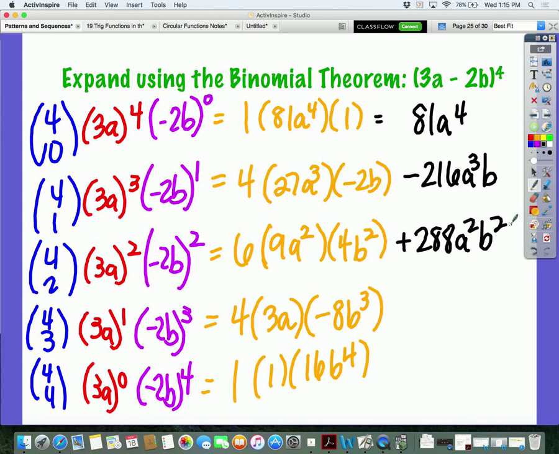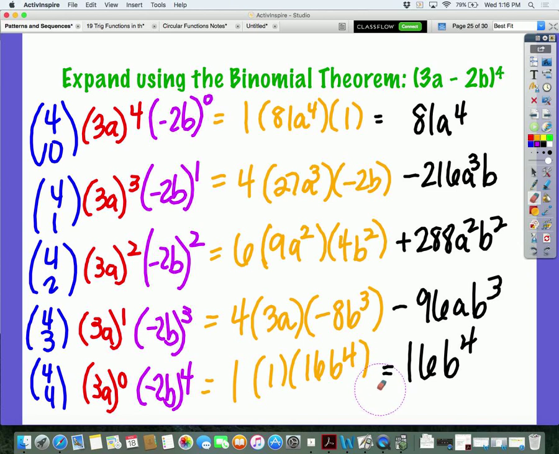You should notice that your first variable is decreasing, your second variable is increasing in exponents, minus 96, a, b to the 3rd, and then 16, b to the 4th. And that will be your final answer.